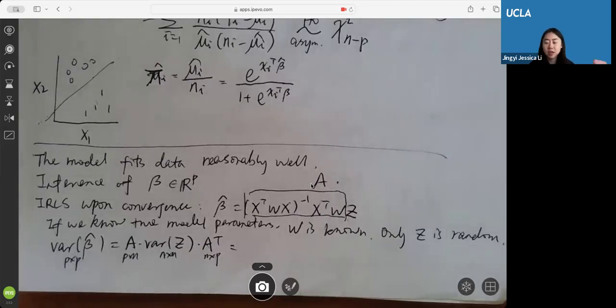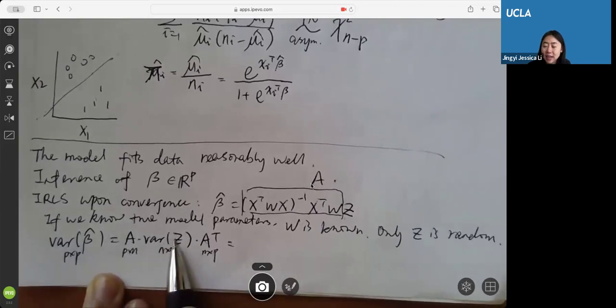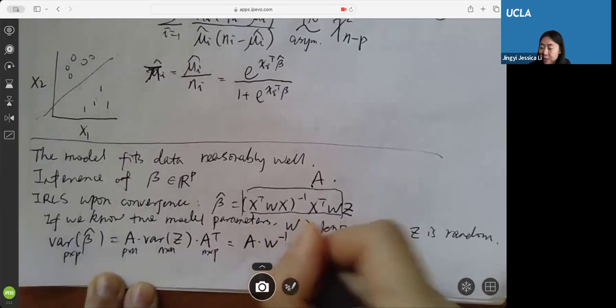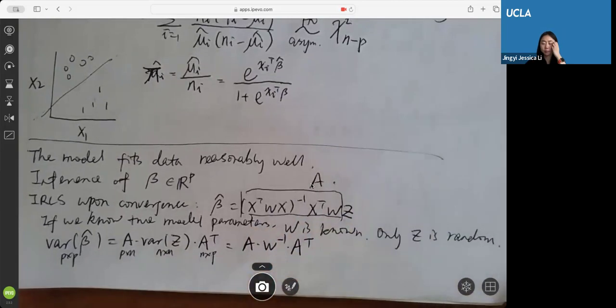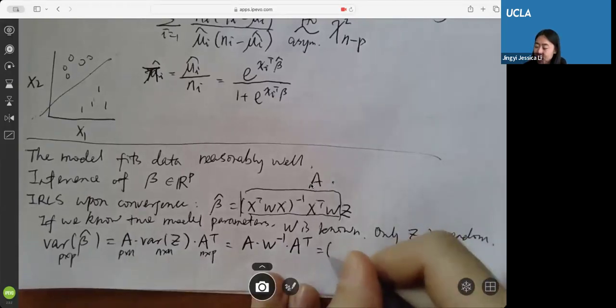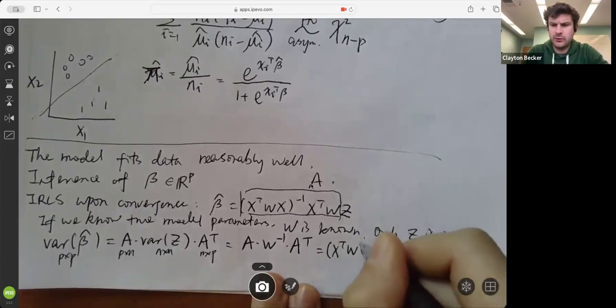Therefore, the variance of Z is just W inverse. So essentially, we have A times W inverse times A transpose. And we put A back in.